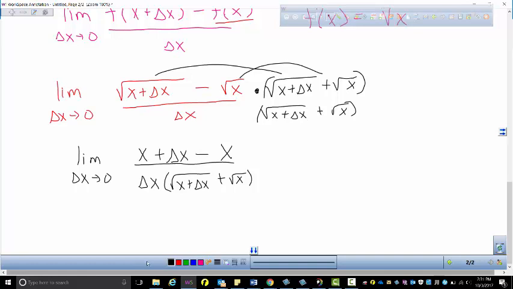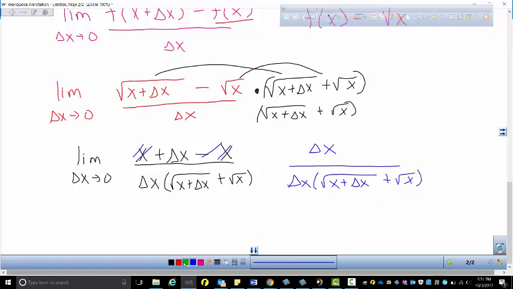Now, hopefully you see why I was acting shocked that in the numerator these were going to cancel. So now I have just delta x over delta x times the square root of x plus delta x plus the square root of x.